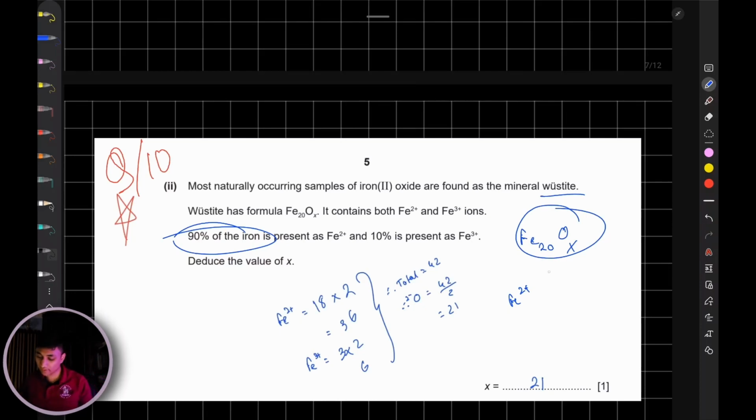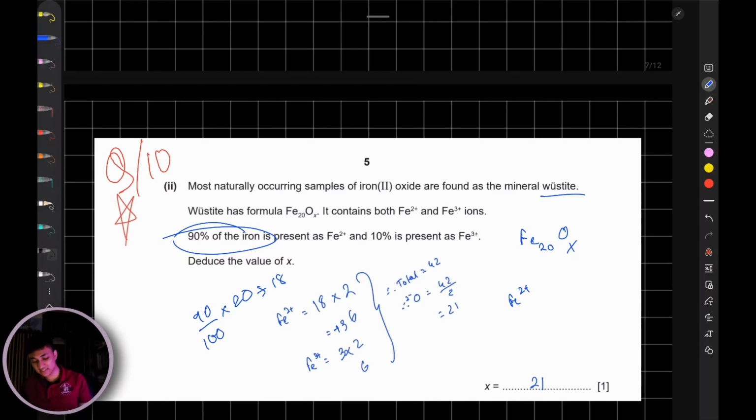So if I need to find that out, I need to say that 90% of the iron is Fe2+, hence 90% of 20 is actually 18, right? So 18 ions is going to have a plus 2 charge. So 18 times 2 is going to give me a plus 36 charge.